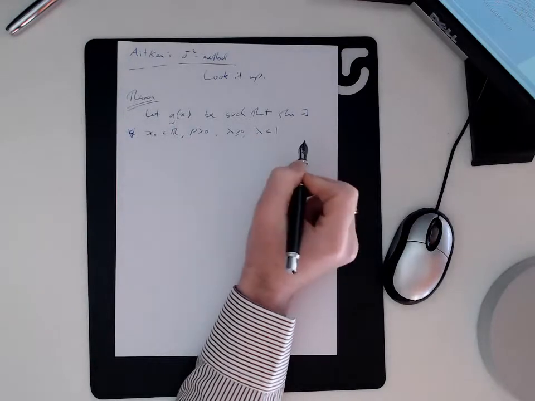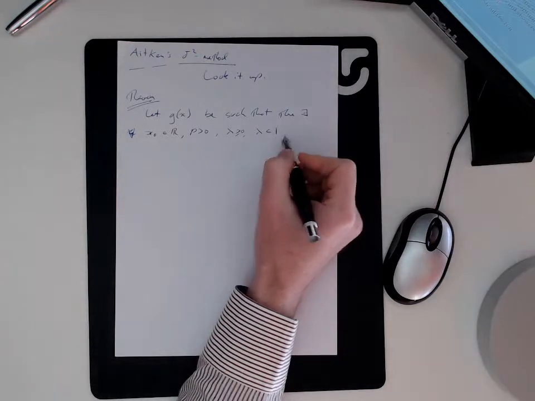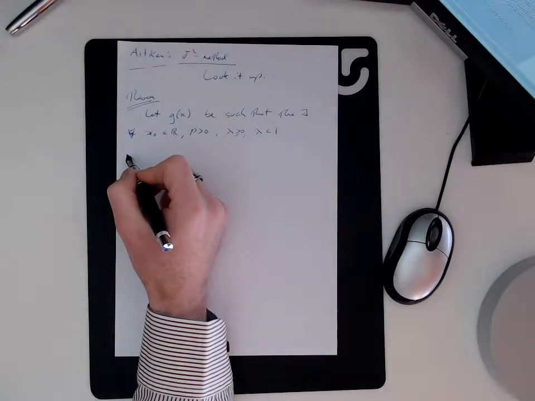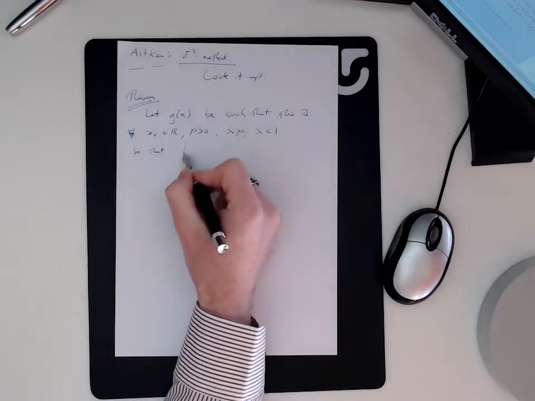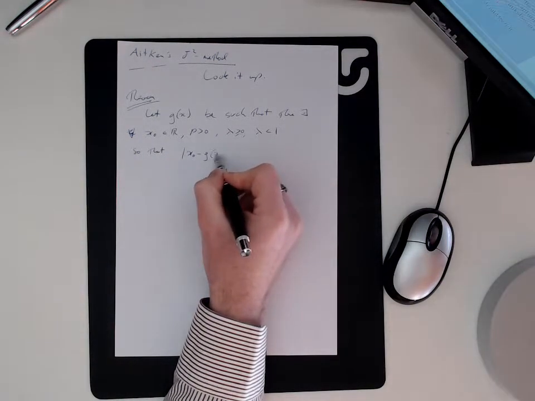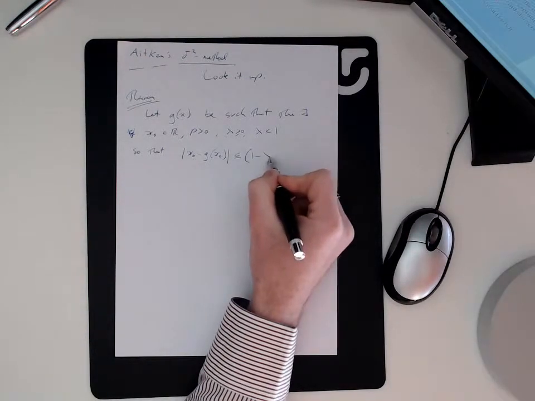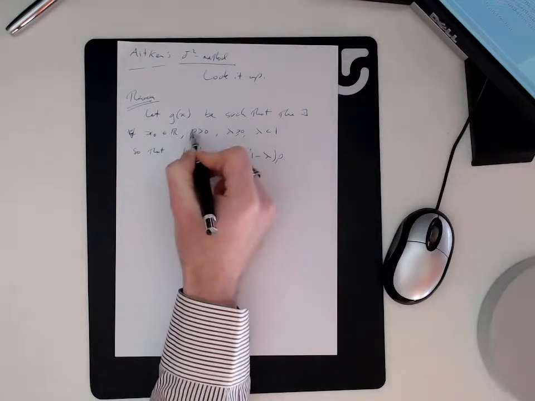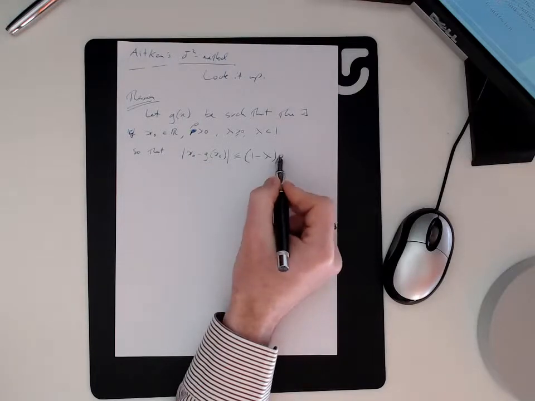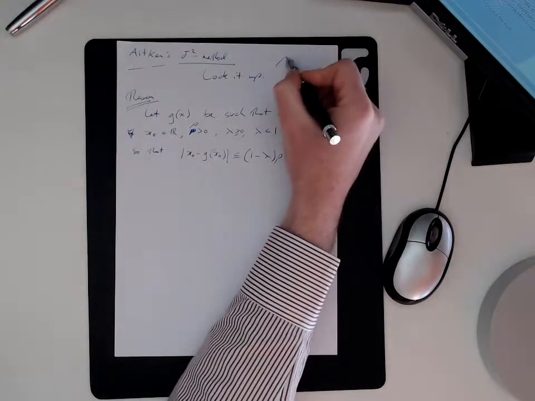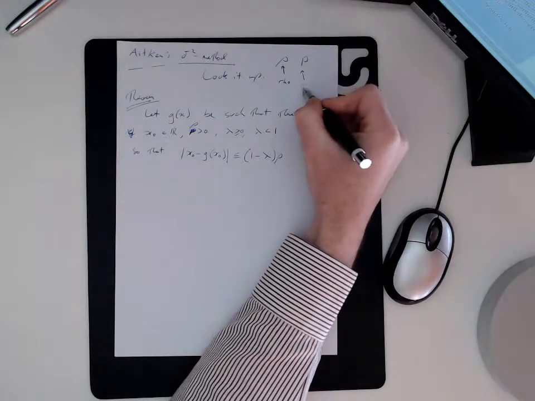I think it can actually even equal 0. That's all. So that the absolute value of x0 minus g of x0, the error in the first iterate, is less than or equal to 1 minus lambda times rho.